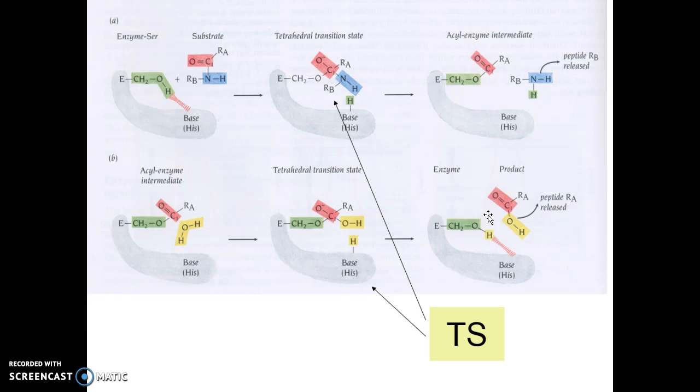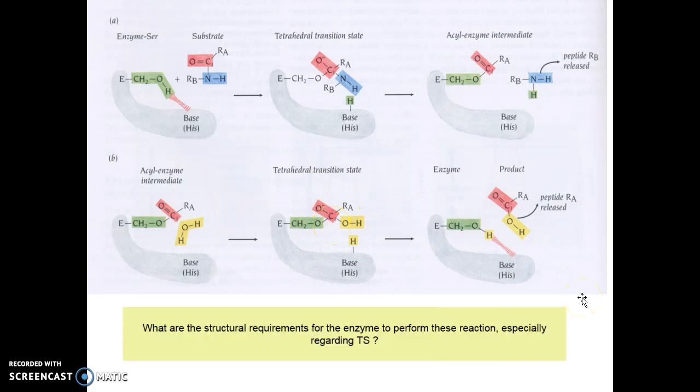This step also proceeds through a negatively charged tetrahedral transition state intermediate. Then, what are the structural requirements for the enzyme to perform this reaction, especially regarding the transition state?